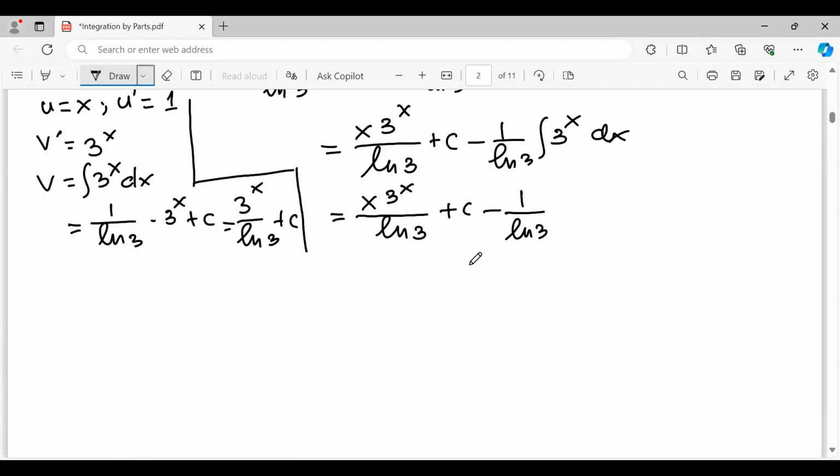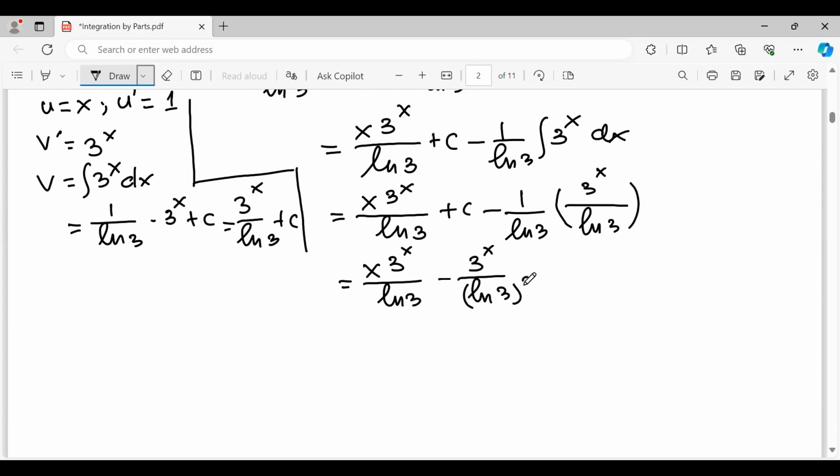Going to scroll down, and this integral is the same as the earlier integral, with result 3 power x over ln 3. So it becomes x times 3 power x over ln 3 minus 3 power x over ln 3 squared plus c.